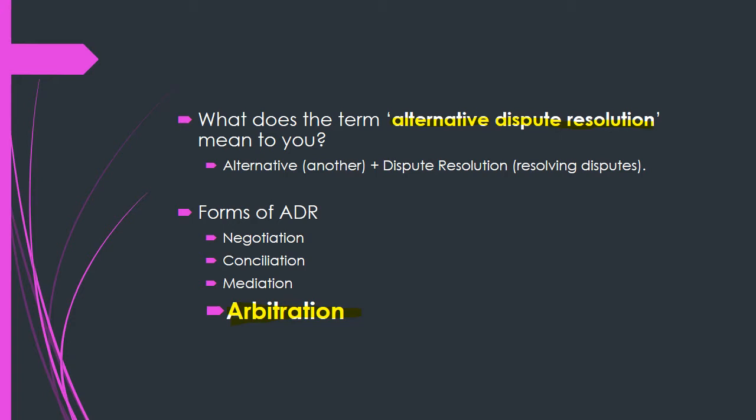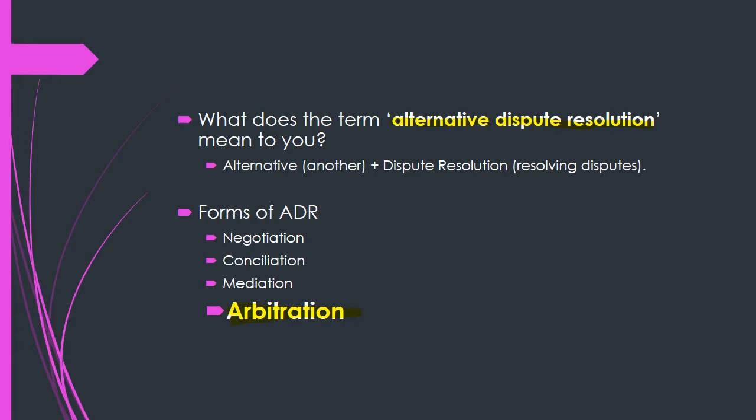So if we were to use the synonyms that we just coined, it means that alternative dispute resolution is another way of resolving disputes. Another way from what? When you speak of another, as a substitute to what?